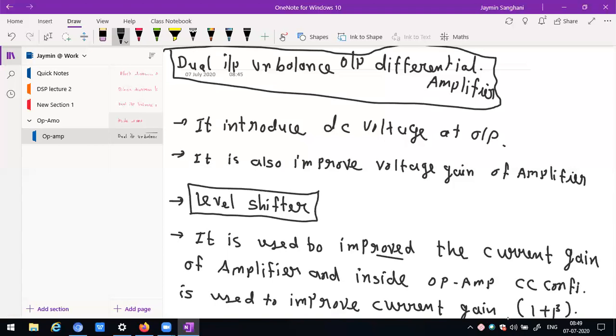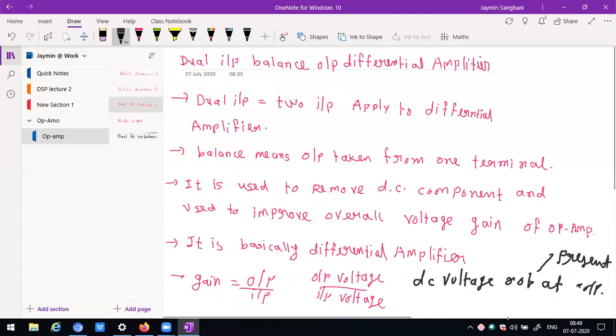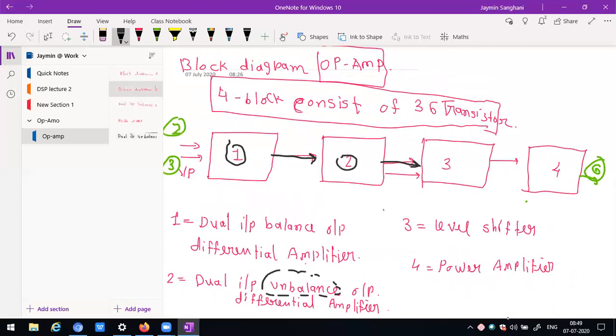The second block, dual input unbalanced output, improves the voltage gain and produces DC voltage at the output. Then the level shifter improves the current gain, using common collector configuration. And then the power amplifier. Power amplifier means push-pull amplifier.